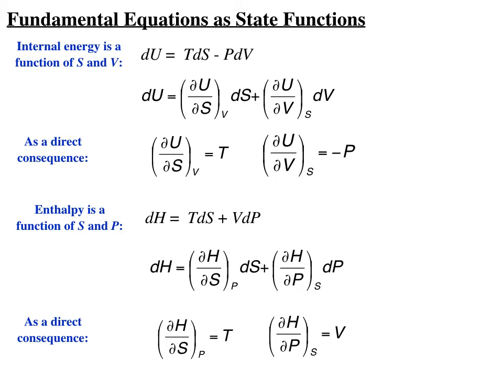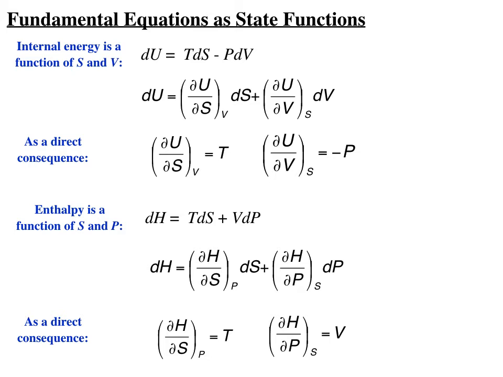So using that and the idea that we've now established for exact differentials, dU is equal to the partial of U with respect to S at fixed volume times the increment of change dS, plus the partial of U with respect to volume at fixed entropy as the volume varies. So now maybe you should think about what this means experimentally.